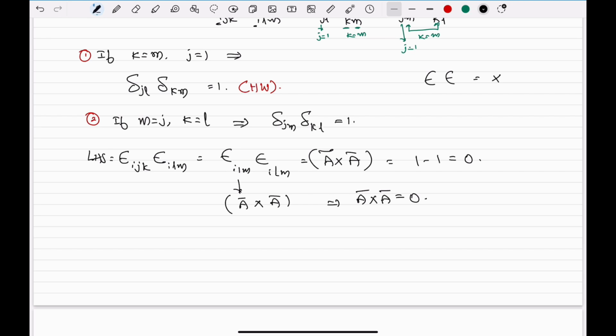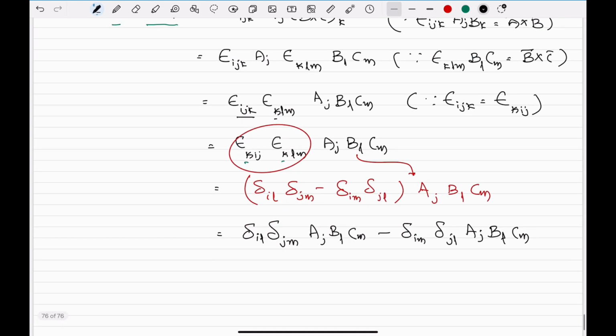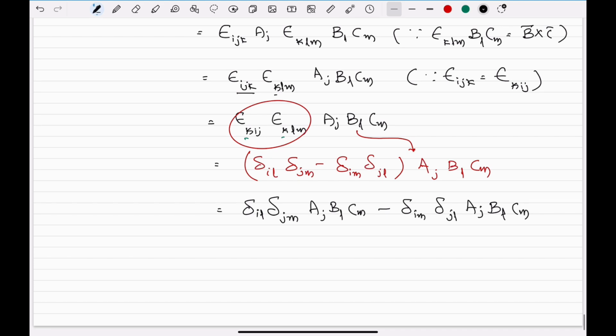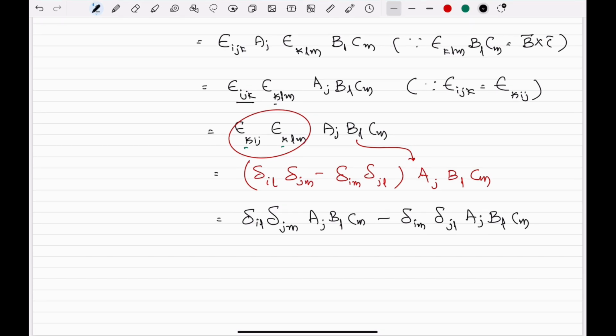What is the meaning of it? Here we have to understand the meaning of Kronecker delta here. What is the definition of Kronecker delta?